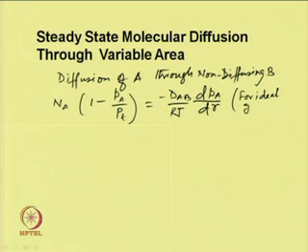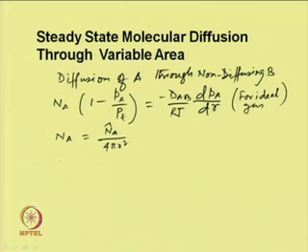We can write the flux N A cap by 4 pi r square, which is the area. So, now we can have the relation between these two.